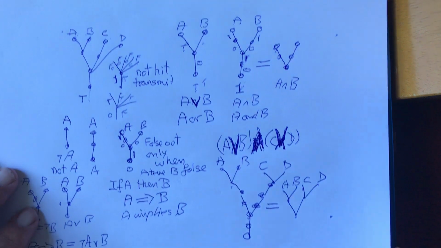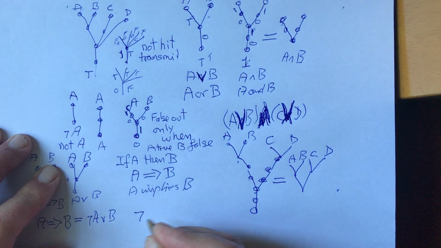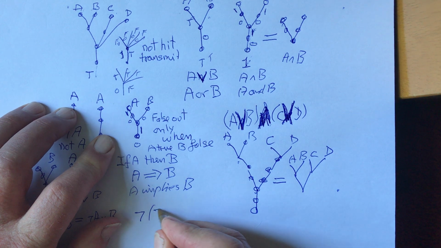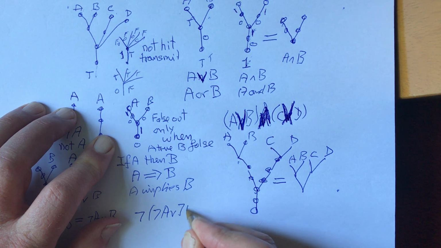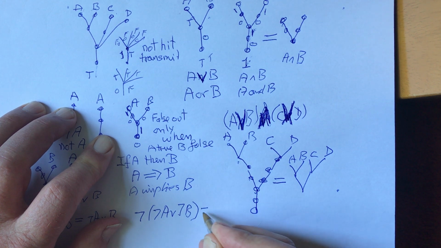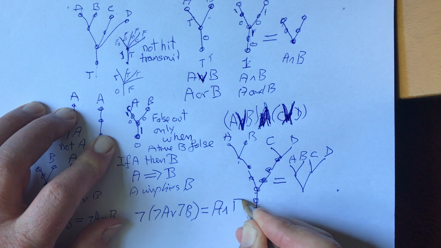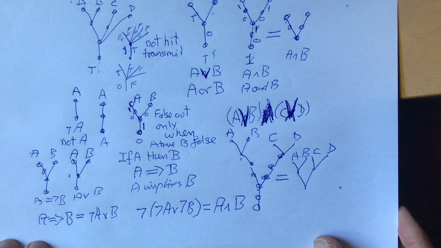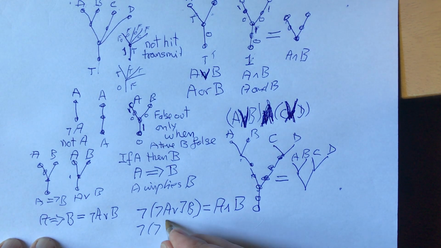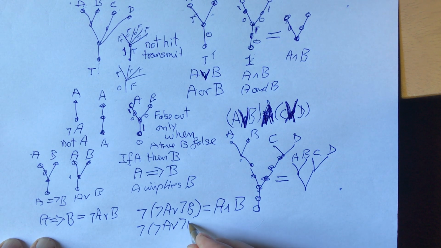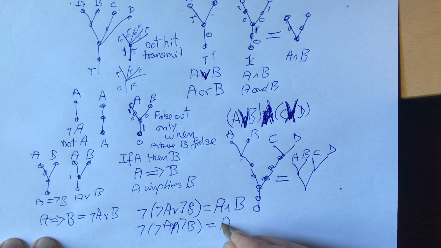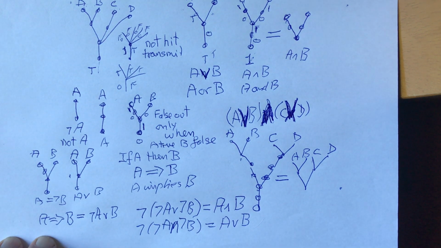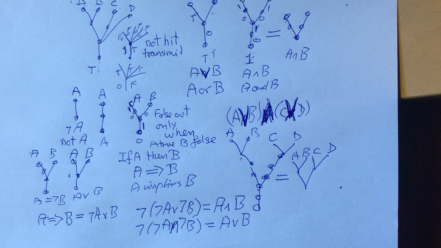In other words, not A or not B is equal to A and B. Similarly, an exercise for the reader, not A and not B is the same as A or B. So we can express A and B in terms of A or B, or we can do it the other way around. So that's an exercise.